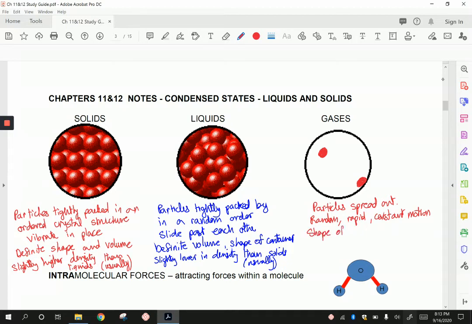Shape and volume of container. Significantly less dense than liquids and solids.